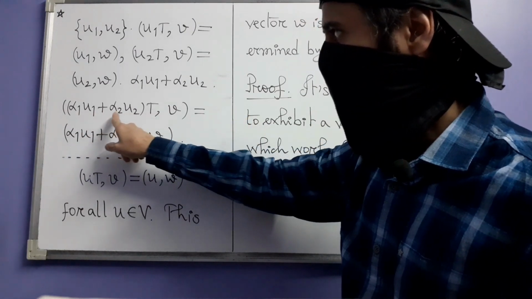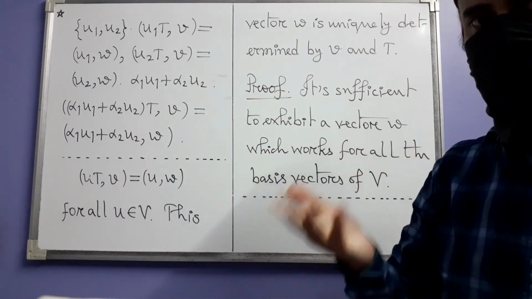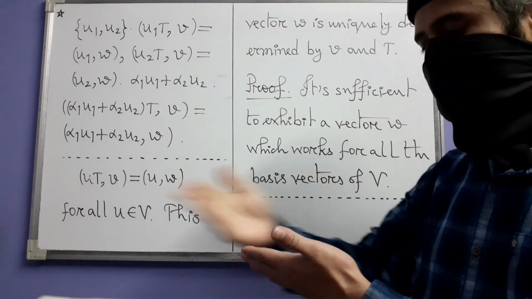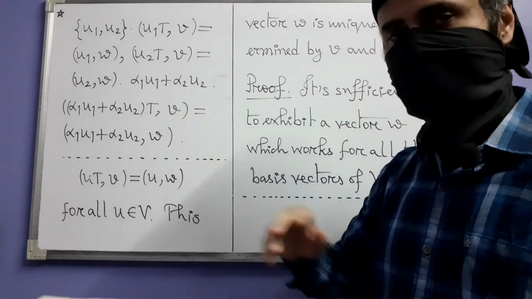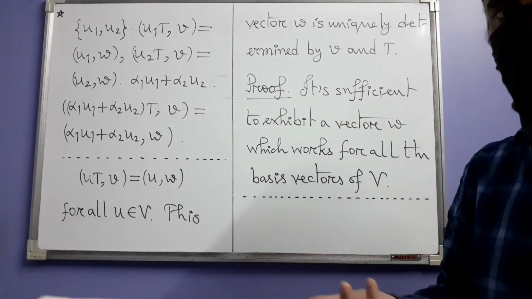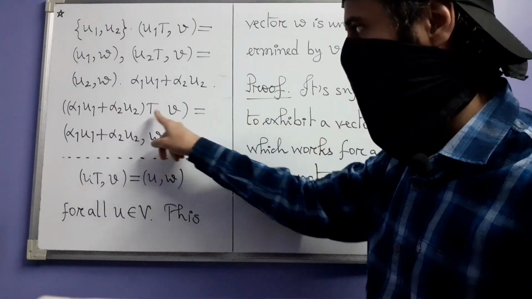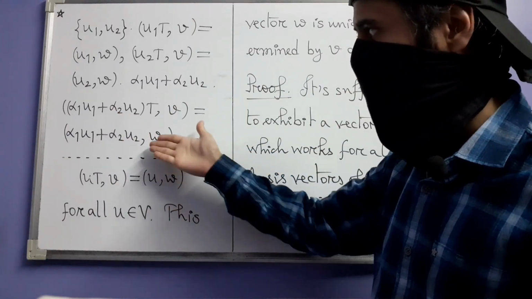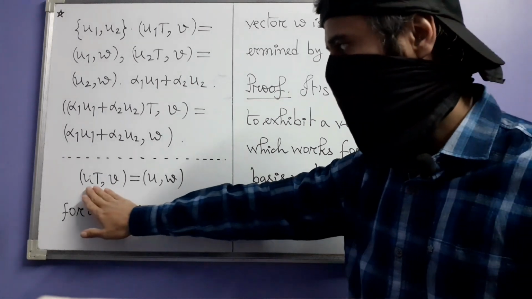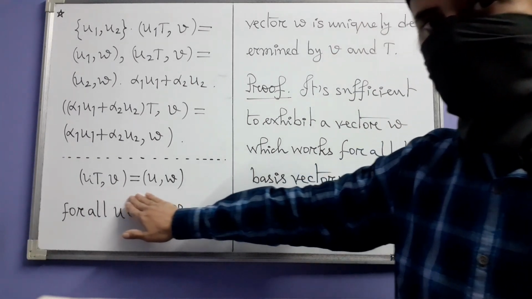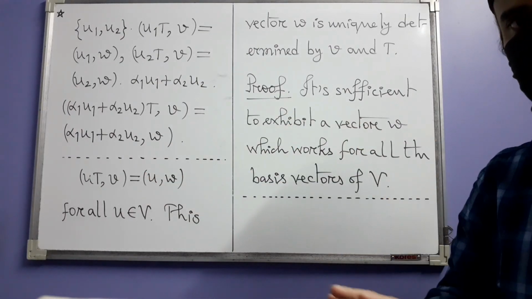On alpha 1 U1 plus alpha 2 U2, if you apply T and use the fact that T is a linear operator, so that T gets distributed over this linear combination, and then you use the linearity and everything you know about an inner product, and then you use these two facts, you will see that ultimately that same equation is also true for this general vector. That is why it's enough to only prove that this equation is true for basis vectors U.